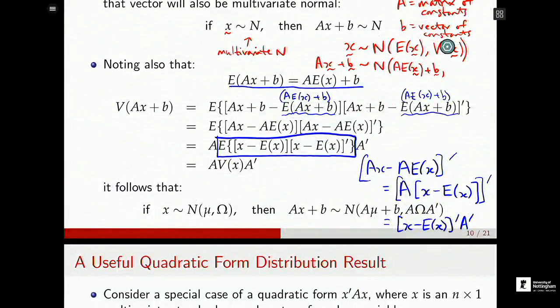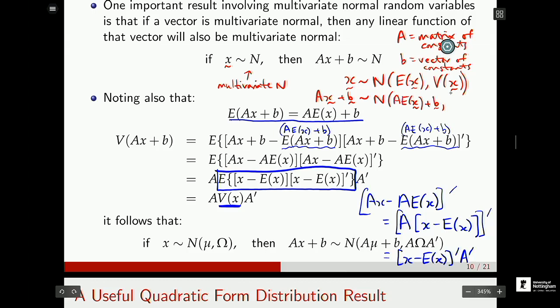So we can replace that big box with simply the variance covariance of x. So that tells us then that our linear combination has a variance that is A times the original variance of X times A transpose.